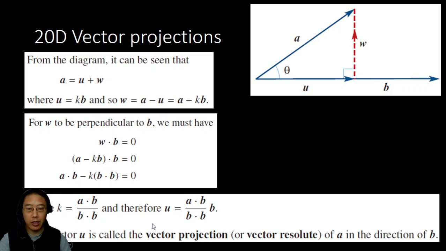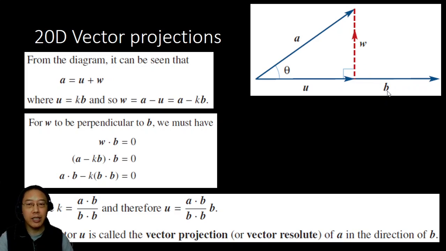You have your coefficient k, but the vector U can be re-expressed in terms of vector B. Remember, scalar products are scalar, so that's a quotient, a scalar amount, and that new expression for the vector U is called the vector projection or vector resolute of A in the direction of B.